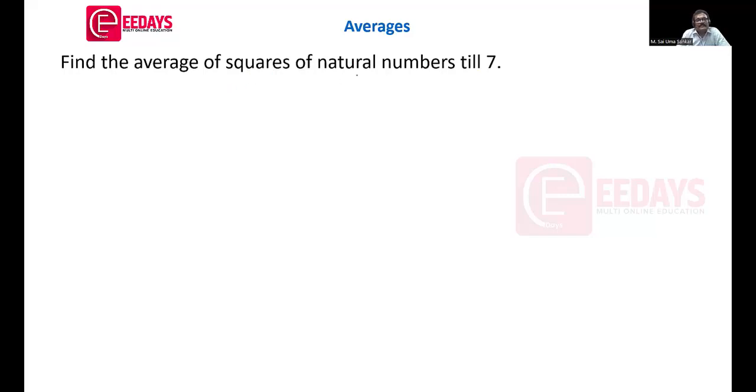Find the average of the squares of the natural numbers till 7. Okay, remember one thing here. Sum of the first n natural numbers is equal to n into n plus 1 by 2.